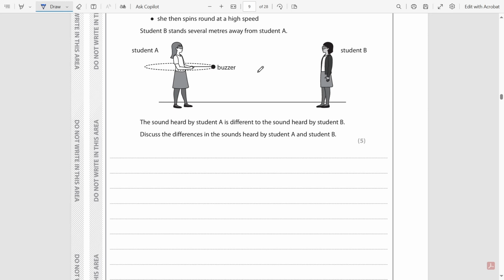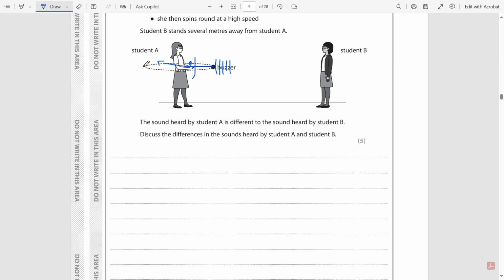So, when the buzzer, guys, moves away from student B, when it emits its wavelength here and then goes here and emits it again, the wave is going to have a greater wavelength than if the buzzer was held here. It was going to have a wavelength, let's say, of this. But now it's moved while it's doing its wavelength. This guy's going to be dragged behind.